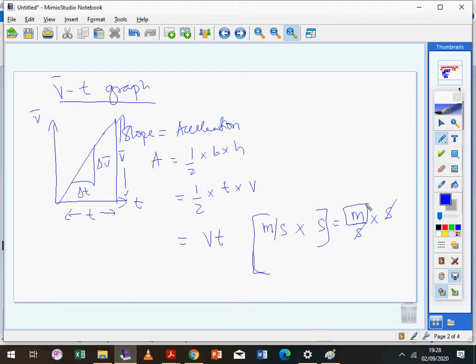So whatever result I get, its unit will be meters, and I know that result is distance or displacement. So the area under a velocity time graph represents displacement. If I wanted to calculate the displacement of an object and I have the graph, all I need to do is calculate the area under that graph.